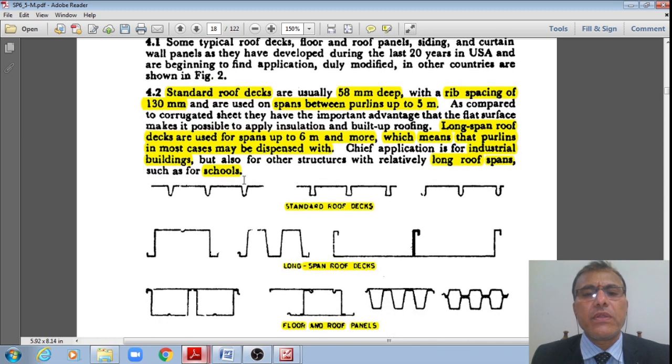Within that, the first one is the standard roof decks. The standard roof decks are usually 58 mm deep with a rib spacing of 130 mm, and are used on spans between the purlins up to 5 meters, right?